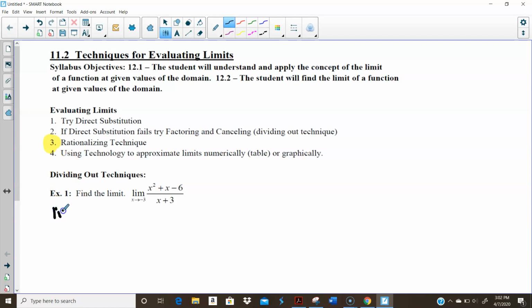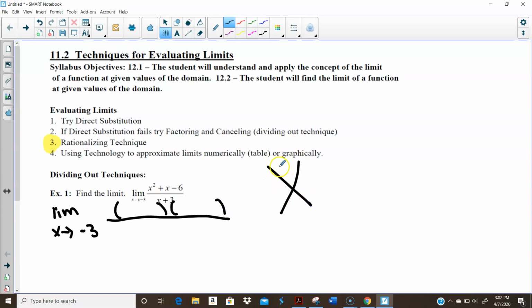So I have the limit as x approaches negative 3 of this function, and I'm going to go ahead and factor that function. So it's multiply to get negative 6 and add to get 1. So it's 3 times 2, and it looks like our 2 is the one that will be negative.